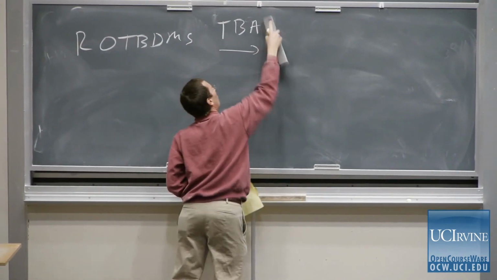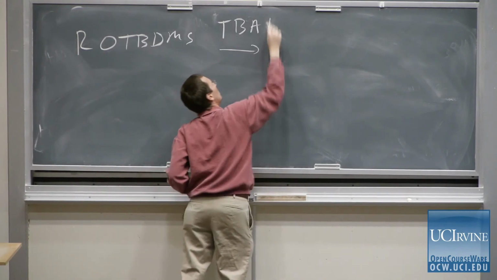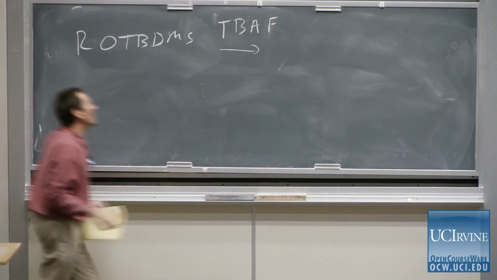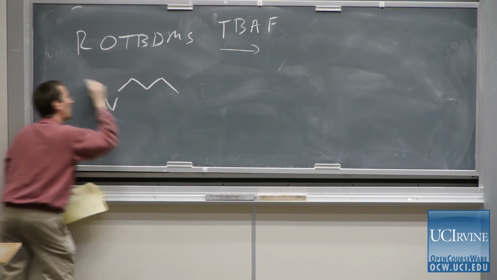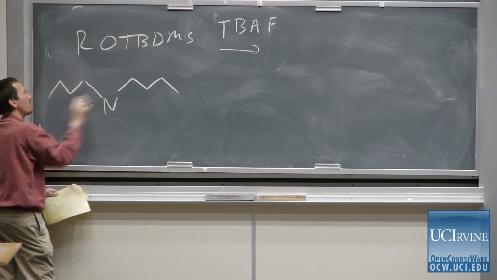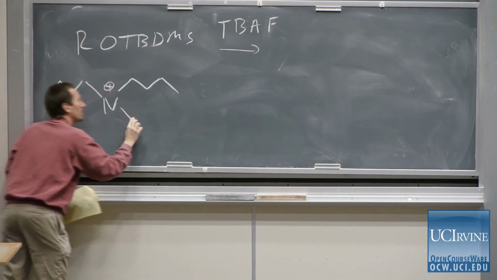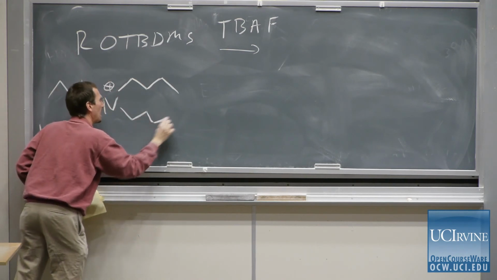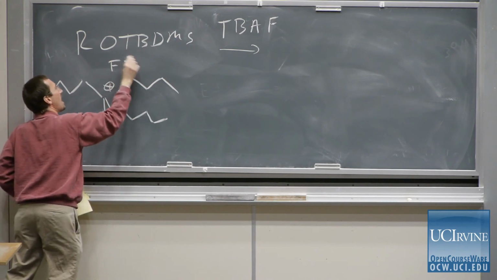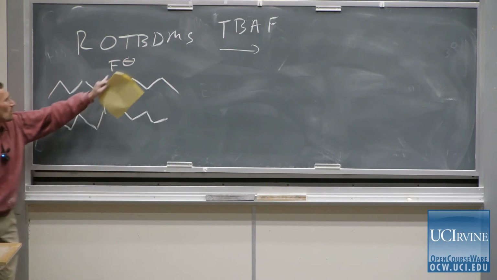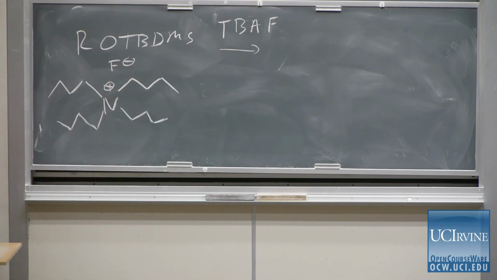Anyway, if you treat your TBDMS ether with tetrabutylammonium fluoride, now we get into the land of acronyms. Tetrabutylammonium fluoride is a big fat tetrabutylammonium cation with fluoride as an anion. It's a source of fluoride that dissolves in organic solvents like tetrahydrofuran.